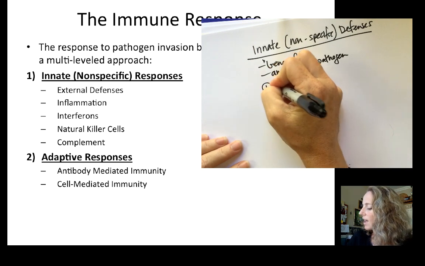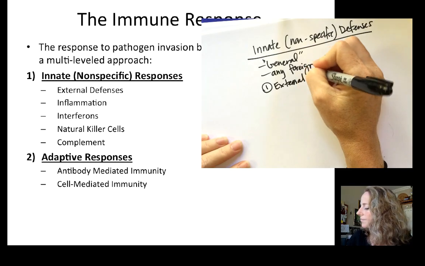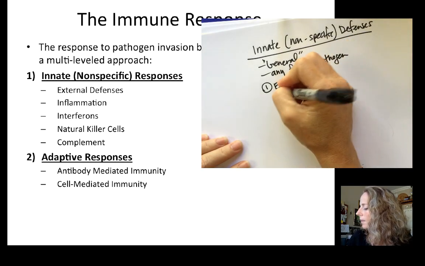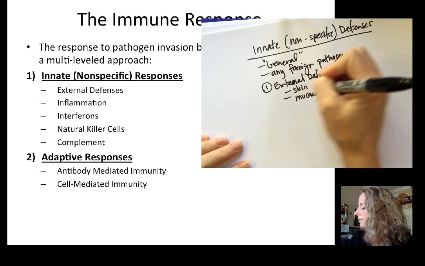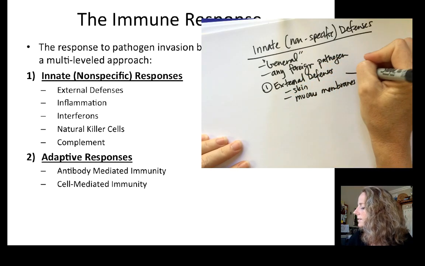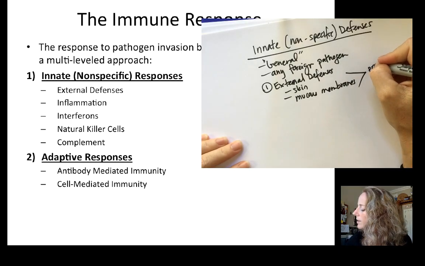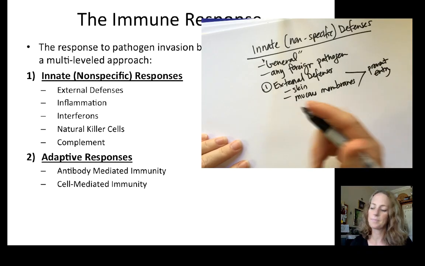First, we have the external defenses, which are the skin and the mucous membranes. The skin and the mucous membranes are going to prevent entry of pathogens like bacteria.